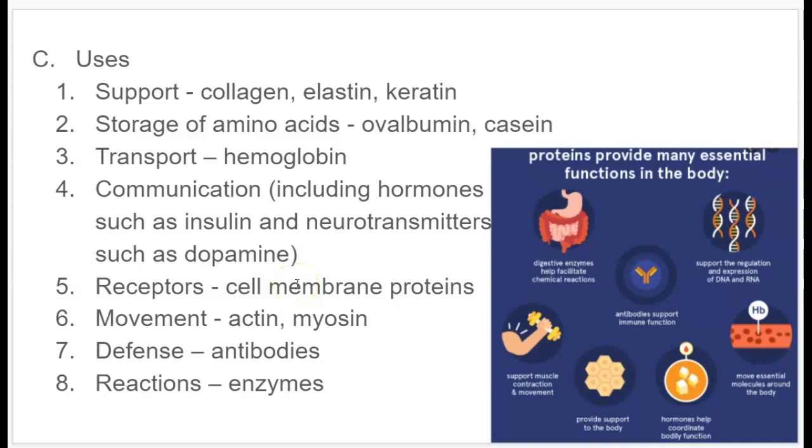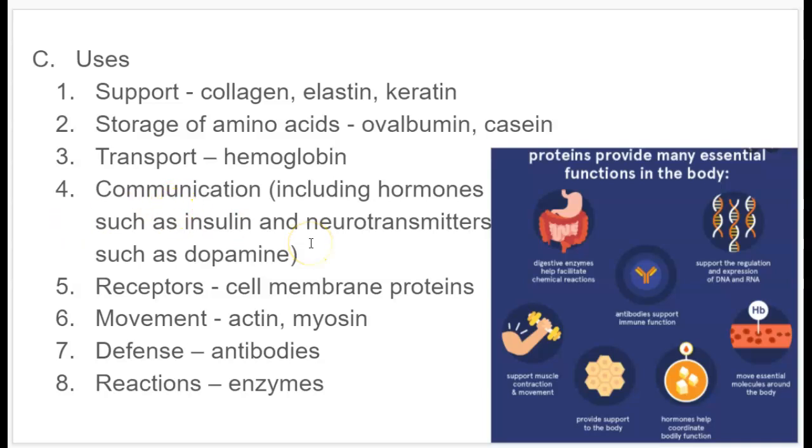So proteins have a lot of different uses, essential functions in just the human body, and a lot of these also are found in a lot of other animals as well. So again, they're involved with support, storage, transport. Hemoglobin is the transport of iron and oxygen and carbon dioxide in the blood.